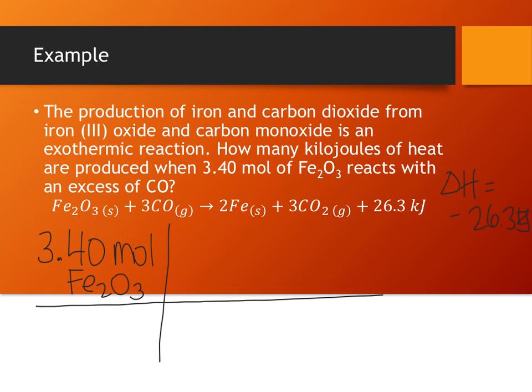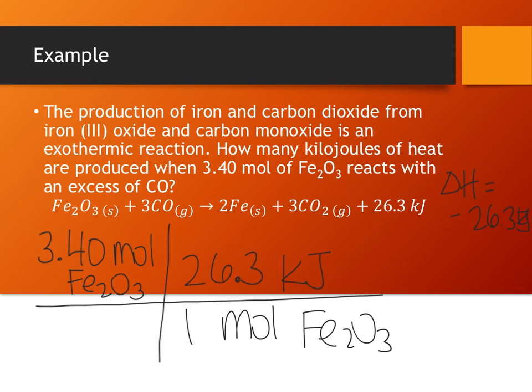Well, the only thing I know is that I produce 26.3 kilojoules of energy every time this equation happens. If I look at Fe2O3, I know that that will happen when I have 1 mole of this reacting, plus they say an excess of CO, so we're assuming I have plenty. That says this happens with 1 mole of Fe2O3.